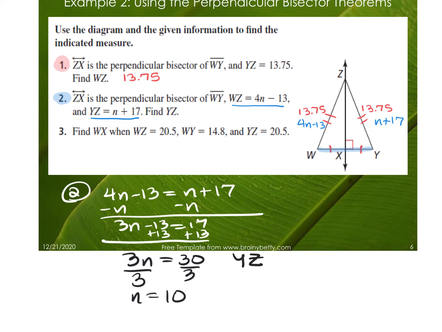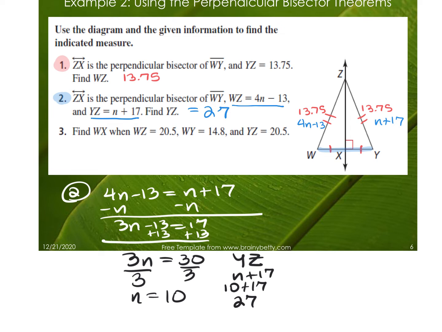And remember, YZ was n plus 17. So now I need to go back and plug in 10 for my n, add them, and I get 27. So the length of YZ is going to be 27, which would also make WZ 27 as well.